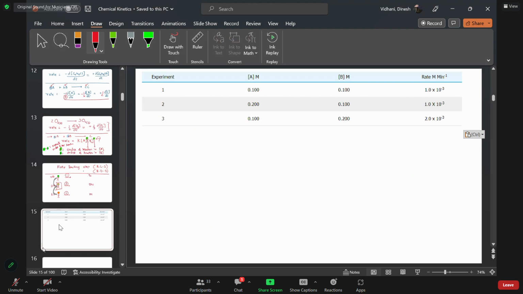Okay. So here is an experiment that is given to you. If I simply write rate equals k, which is the constant, times concentration of A to the a, concentration of B to the b, where a and b are the orders of reaction in A and B. Now, see what is happening.